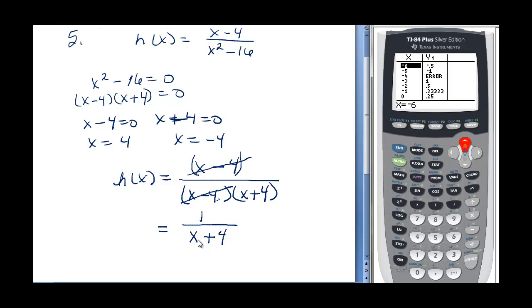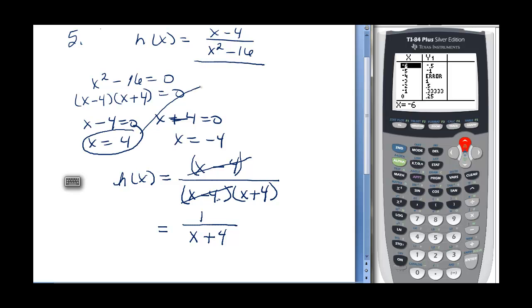So getting back to this situation here, I have to explain what's going on at 4. I know at x equals 4 it might seem like a vertical asymptote.